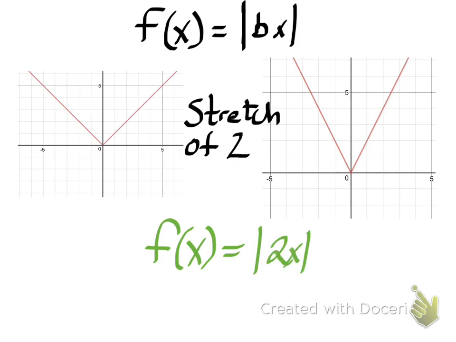But because the absolute value is there, it could also be -2x inside the absolute value. We can't tell if it's positive or negative inside. It is typically written as the positive just because we tend to think in the positives more. So that's the most common way you'll see it written. But that stretch can also come into play from inside the absolute value.